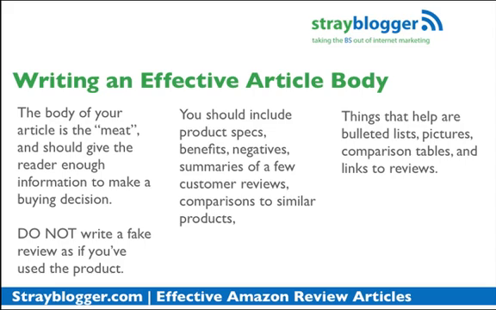And things that can help you incorporate those elements into your article is by using bulleted lists for the benefits and the negatives, pictures, images of the product, different views, and then comparison tables that compare the product you're reviewing to its closest competitors or other products like it. And then you can also link to the actual review section on Amazon.com for a given product.